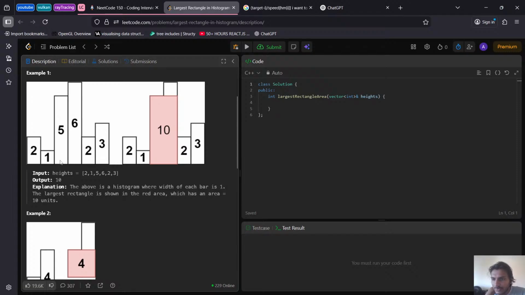Let's see, if it is 5, then itself is 5. We check if 5 is greater than the result. It is greater, so the result is 5. Then we move one, it is again larger, so we calculate for these.